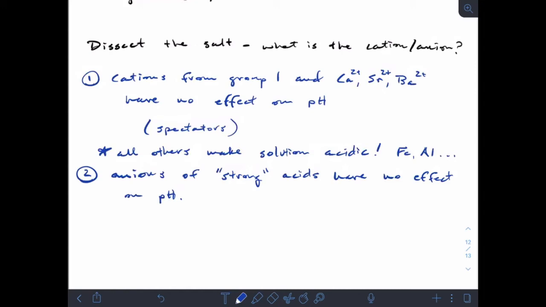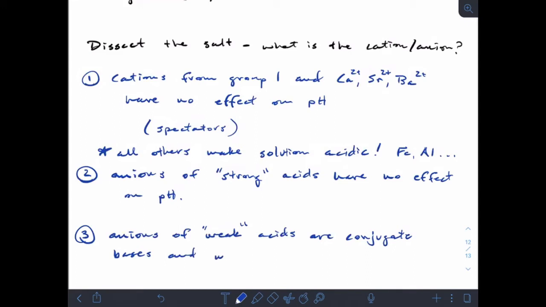And then number 3 is anions of weak acids, which are conjugate bases, and make solutions basic.